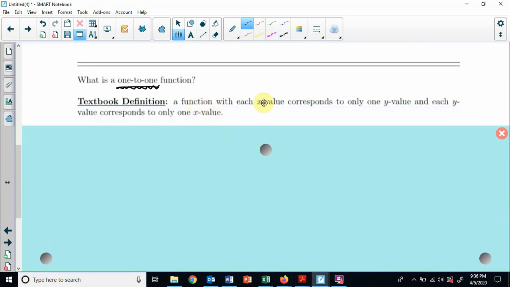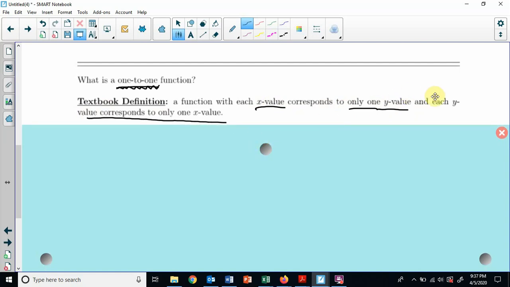It says a function where each x value corresponds to only one y value, and each y value also corresponds to only one x value. Okay, it's one to one. This sounds almost like the definition of a function, and it's actually really close.